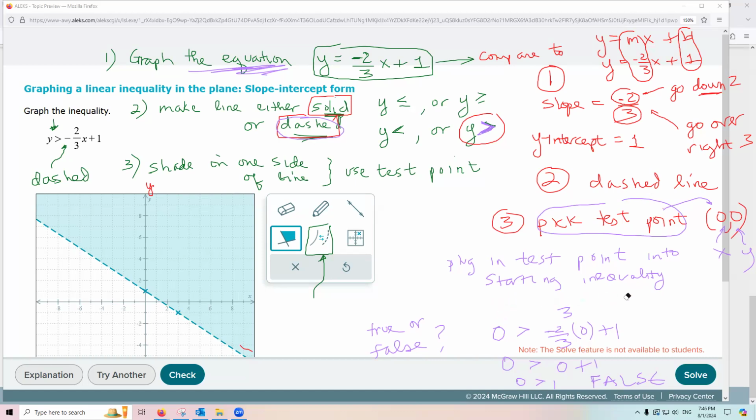And let me write down here the summary. Once you plug it into the inequality, if the inequality is true, then you shade in the side of the line containing the test point.